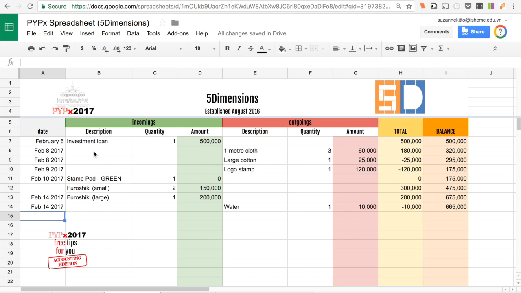One last thing, you have your investment loan that you were given to start your business. At some point in time when you feel like your balance is healthy enough and you're not needing to replenish stock to make more goods or continue your service, you must make sure that that investment loan is paid back. I wouldn't say my balance is healthy enough, but let's just put it in here anyway.